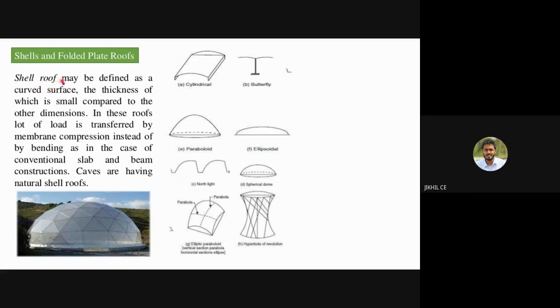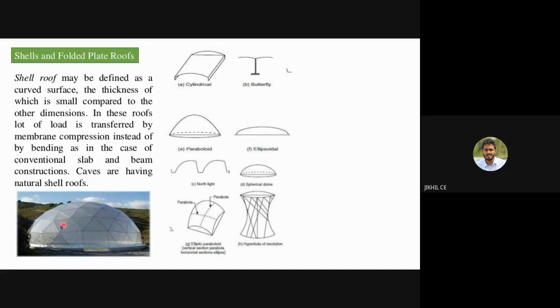Shell roofs are defined as curved surfaces where the thickness of the shell is very small compared to the other dimensions. That means compared with the diameter or the total perimeter of the shell, the thickness will be very small.